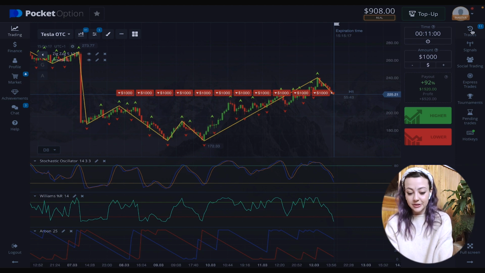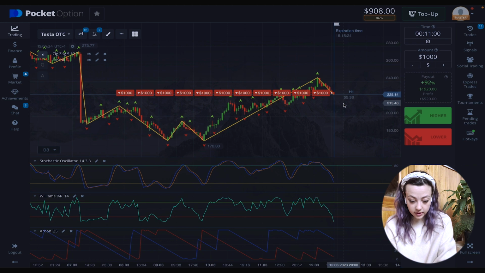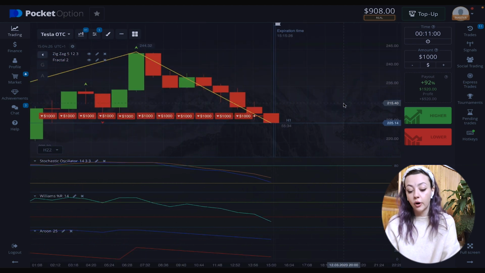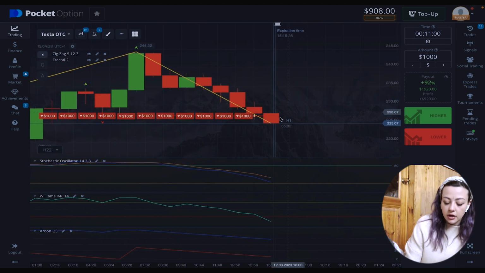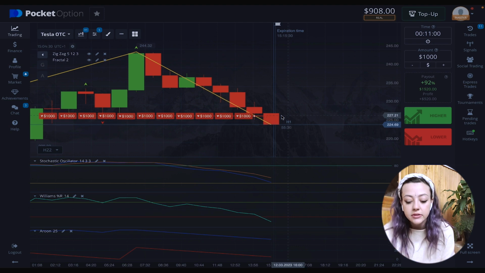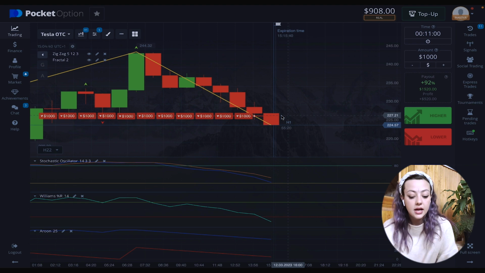So as for points, let's zoom in. The point where we opened, 227, now at 224. So far the downtrend, according to points, it is so obvious, right?